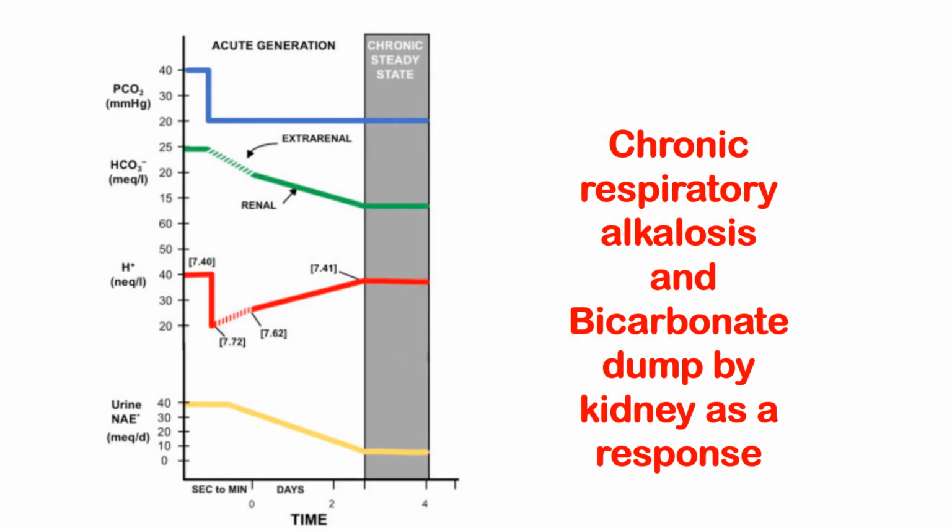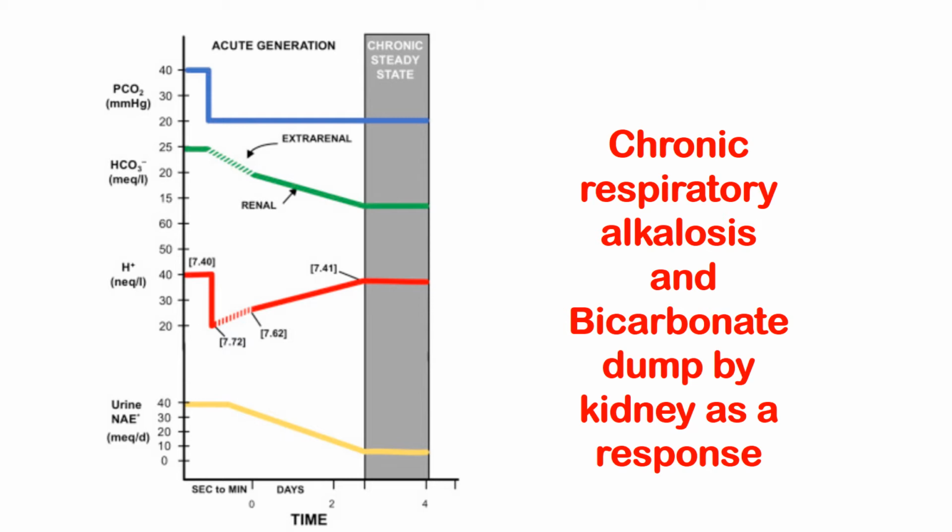Right? In chronic respiratory alkalosis, so let's say you have a patient whose PCO2 was normal, and you suddenly lower their PCO2 levels because I'm having the patient hyperventilate, right? As the PCO2 levels go down, remember the PCO2 divided by bicarbonate equals the hydrogen ion concentration.